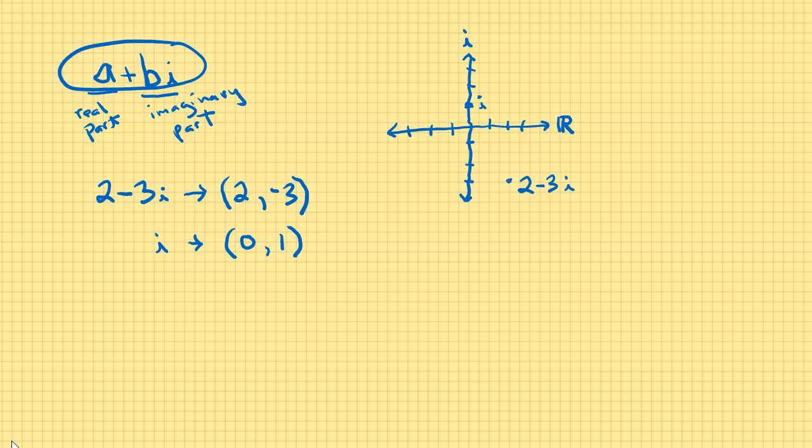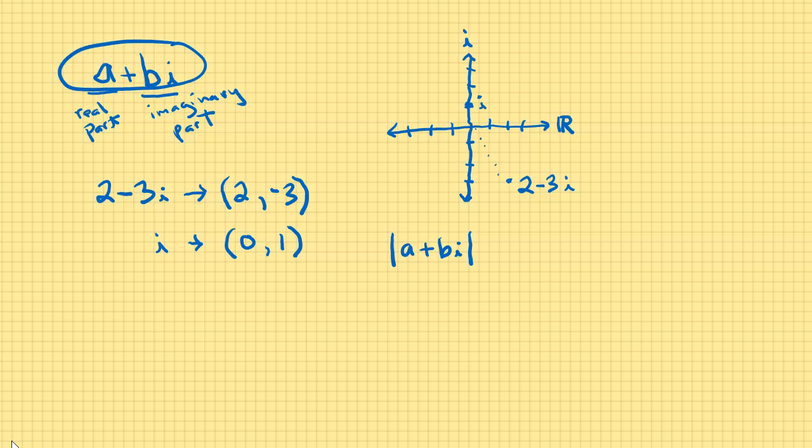One last thing. The magnitude of a complex number is written with these sort of absolute value bars right here. The magnitude of a complex number is how far it is from the origin.